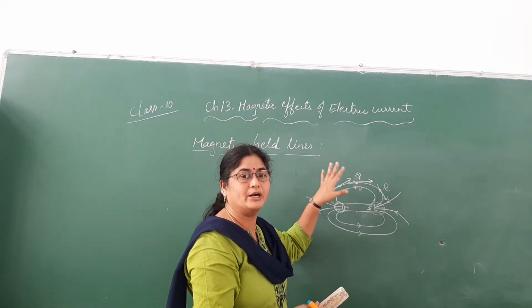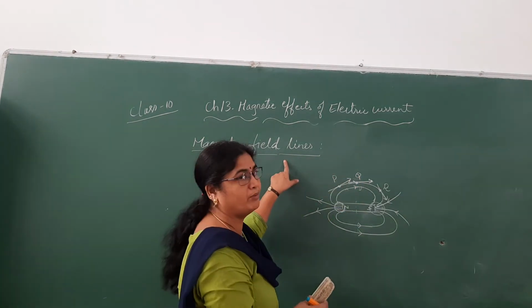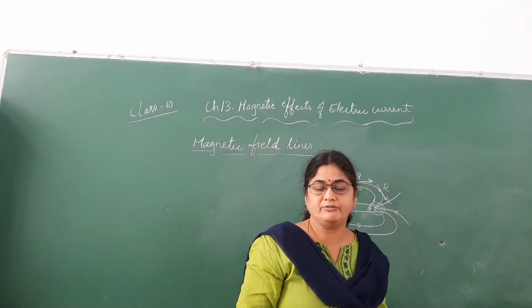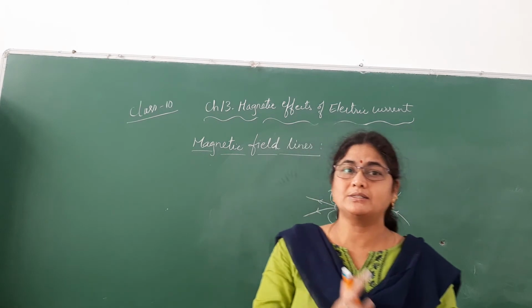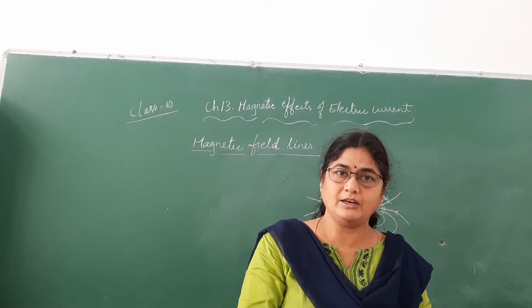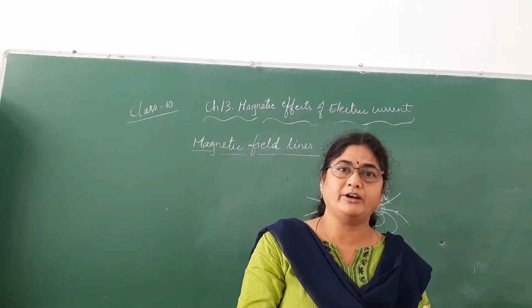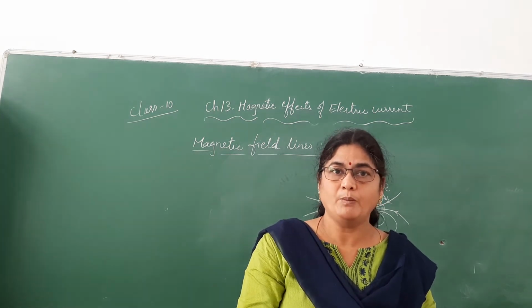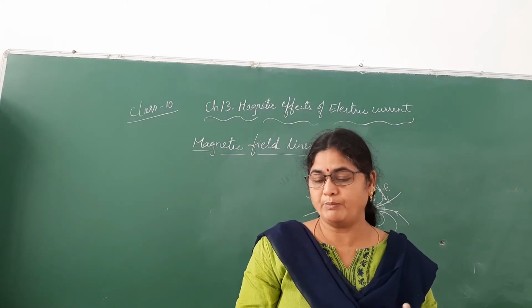So to understand this, we are taking the help of magnetic field lines. These magnetic field lines are very useful to us to understand the strength of the magnetic field in any area, and also to identify the direction of magnetic field at that particular point. These two are very important.